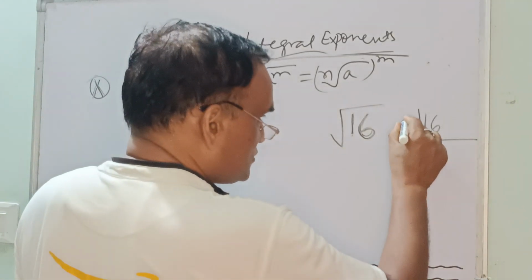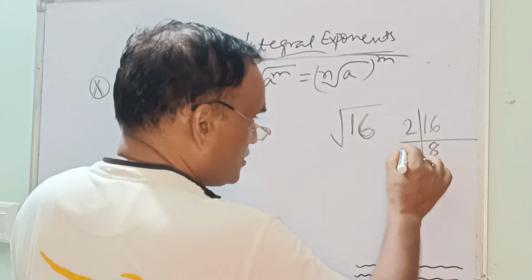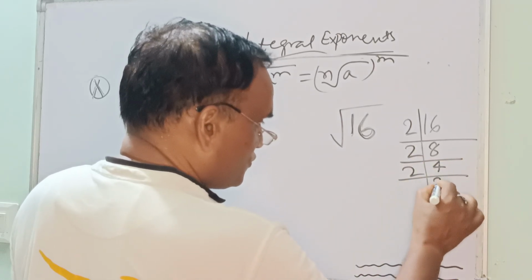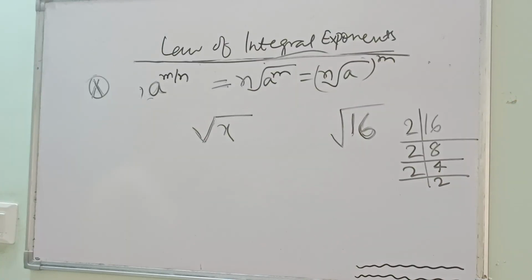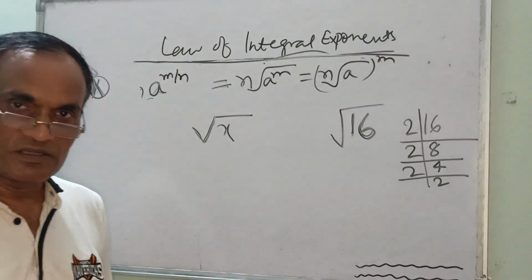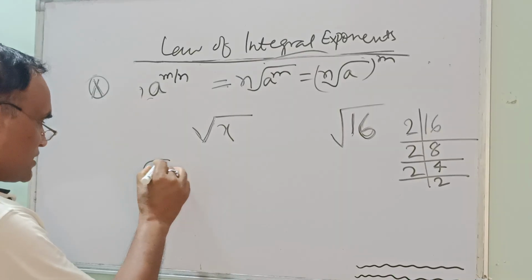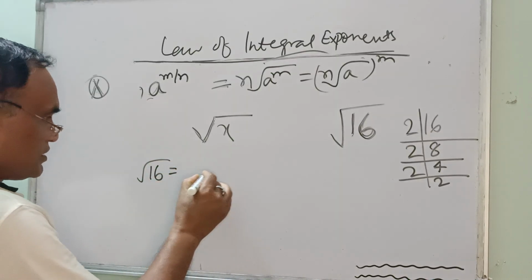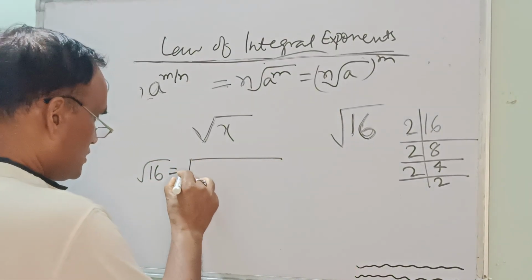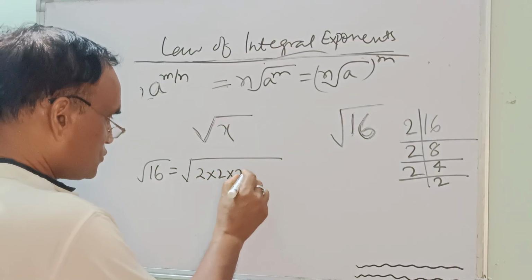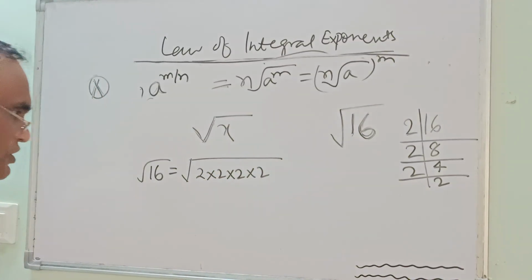How will you factorize? 2 8s are 16, 2 4s are 8, 2 2s are 4. This is correct. Now what are you going to write under root 16? You will write 2, 2, 2 and 2.